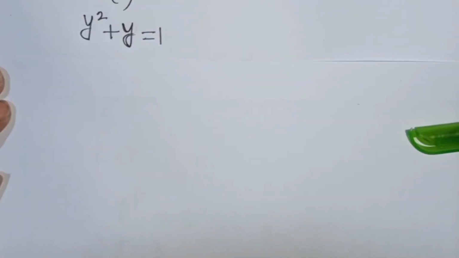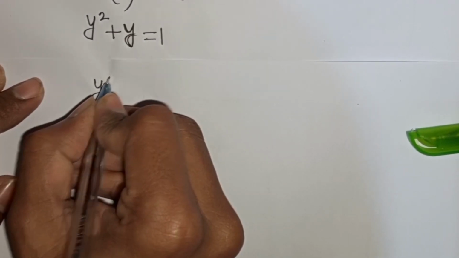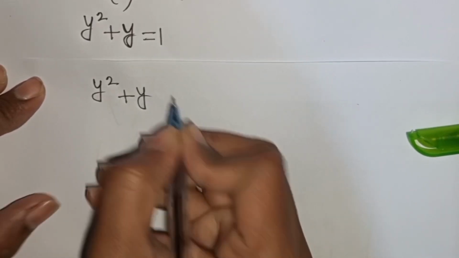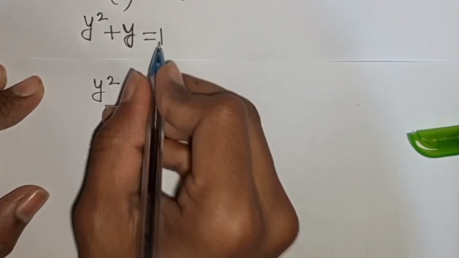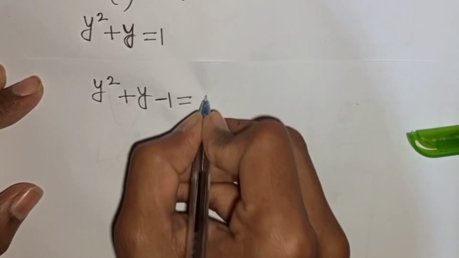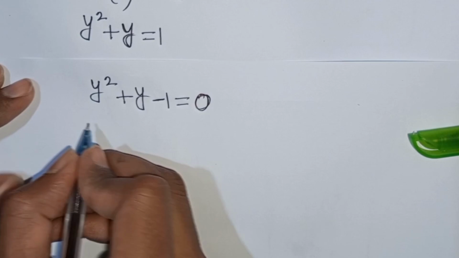Now we can write here y square plus y, then this plus 1 take to the left side, so this will be minus 1, then is equal to 0. Now here you can apply the quadratic formula.